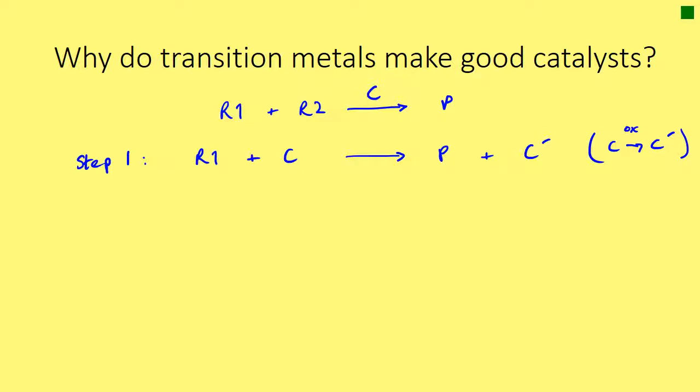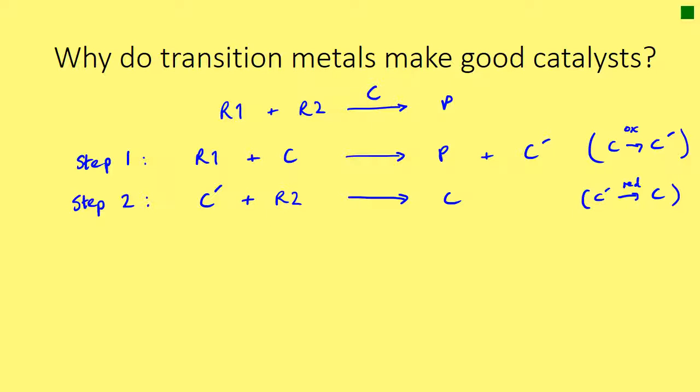Okay, so hang on a minute, you say, the catalysts don't get changed in these reactions, otherwise they wouldn't be catalysts. Well, just wait for a second, because step 2 might resolve our little question there, because what happens is the modified catalyst reacts with the other reactant and reforms the original catalyst, in which case the catalyst gets reduced back to its original form.